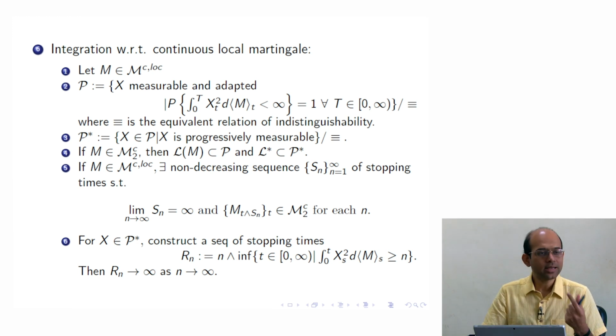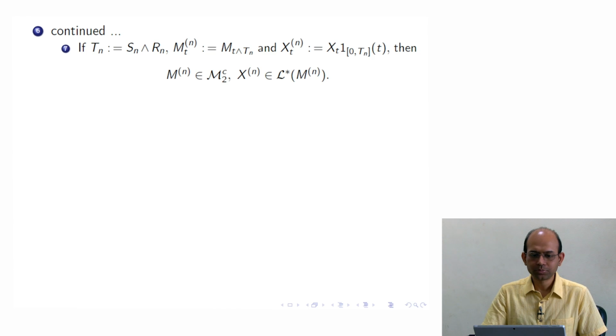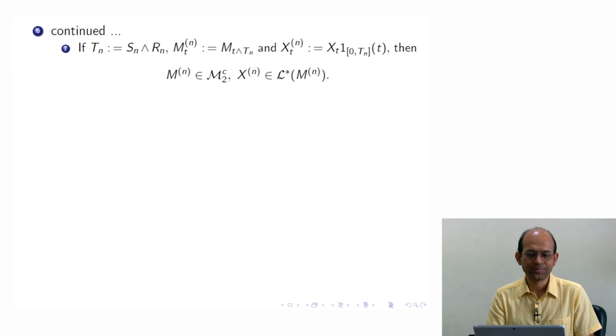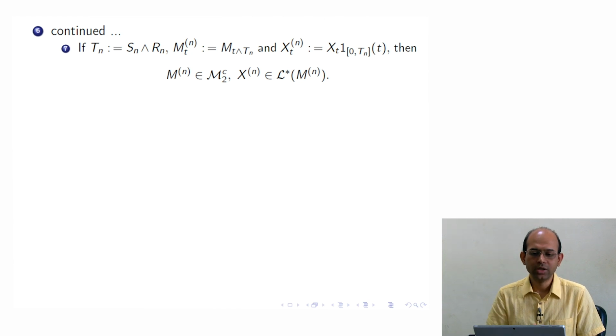So with Rn and Sn together, we want to retain both the properties, so we take the minimum of Sn and Rn, which we call Tn. So Tn is such that both the properties hold: the integration of X squared with respect to the quadratic variation remains bounded, and also M^Tn becomes a square integrable continuous martingale.